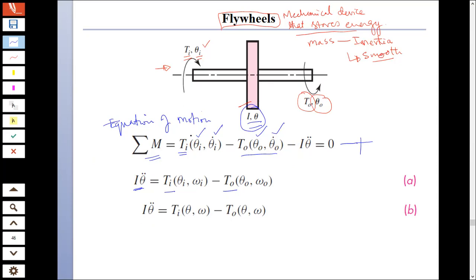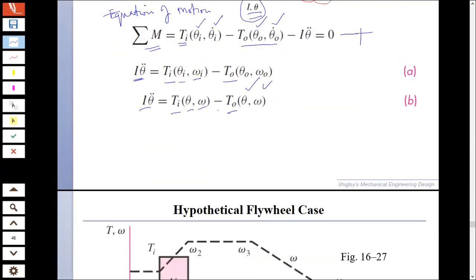And let's consider that this is rigid, therefore my theta i is equal to theta, and also my omega i is equal to omega. Therefore I theta double dot is equal to Ti as a function of theta and omega, minus T naught as a function of theta and omega, right?